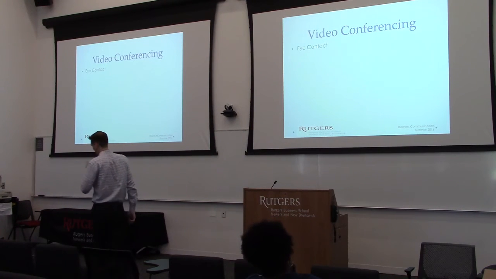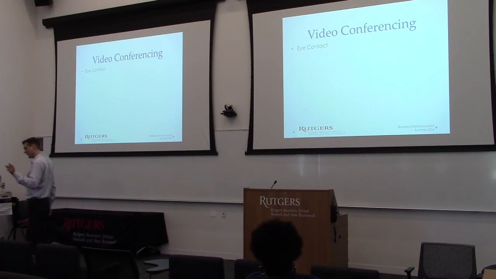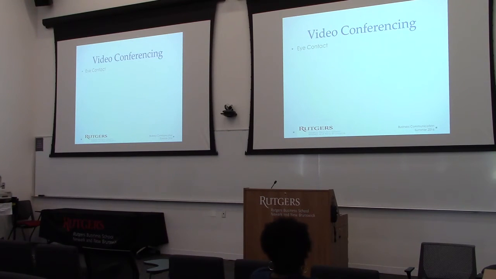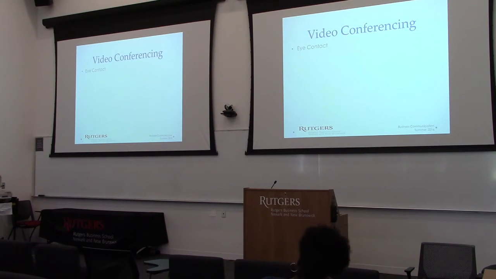So, video conferencing. The first thing I want to address is eye contact. This happens most frequently in the video conferencing type of arena, as far as we're concerned. So if you're on a video conference with someone, and you're looking at them, say on your laptop or a company computer, and they're looking at you through a camera that's staring at you, what happens if you're looking at them is they look at a video of you looking at a screen.